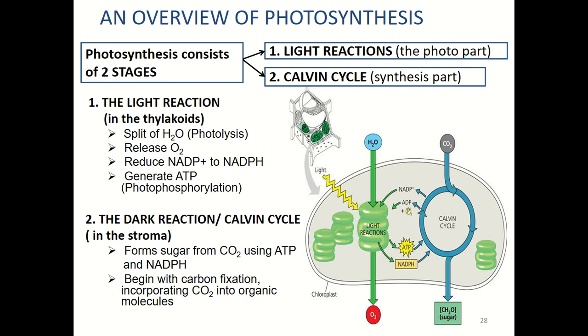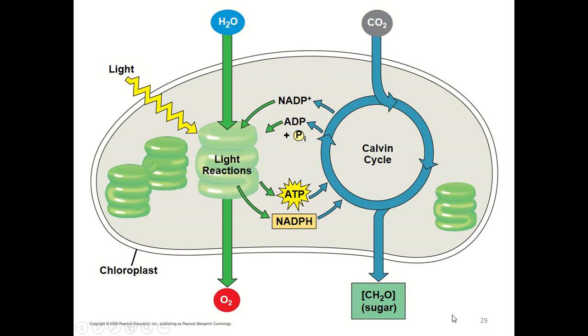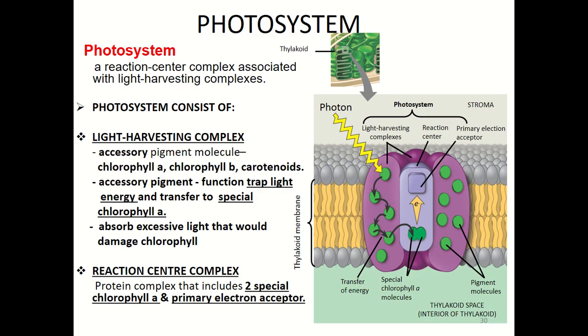Then it will generate ATP through the electron transport chain by photophosphorylation. Meanwhile, the Calvin cycle, or dark reaction, will use the ATP and NADPH produced by the light reaction, and absorb carbon dioxide to produce sugar. So here is the big picture of how photosynthesis looks.